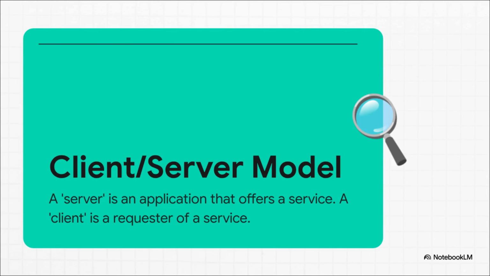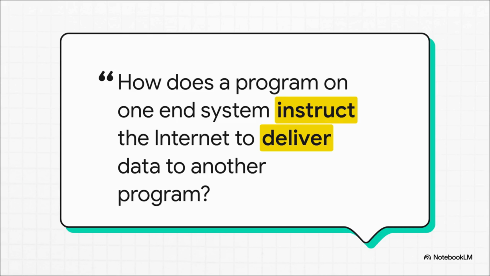And most of these apps use a really common pattern called the client-server model. It's actually super simple. You've got a big, powerful computer, the server, that offers a service like hosting a website, and then you have your device, the client, which requests that service. That's it.